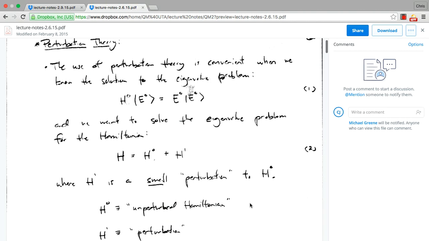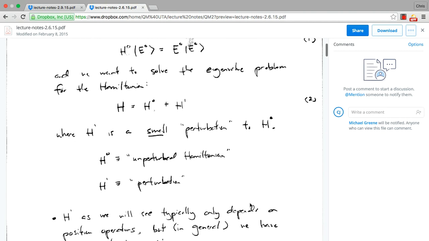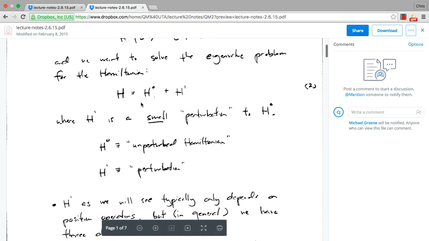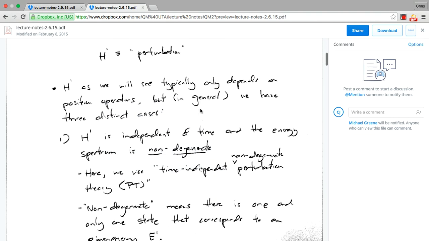In perturbation theory, we're always under the assumption that we can take the Hamiltonian and break it into two pieces, one being a piece that we're familiar with, and the other a small perturbation on top of that. And so you assume that the simple piece we know the solutions for, and so the solutions for the full Hamiltonian are going to be perturbations on top of that solution.